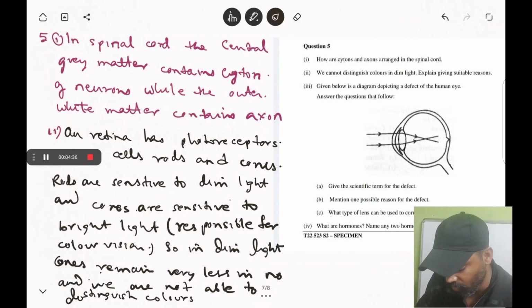So that is the reason why. Yes or no? Because in dim light you have rods rather than cones. So you can't differentiate between the color of light. Done. Chalo. We'll do the next one now.